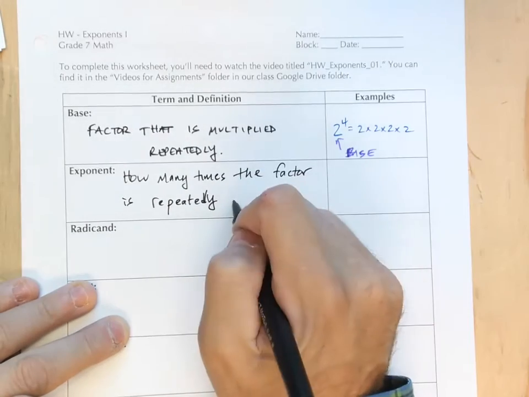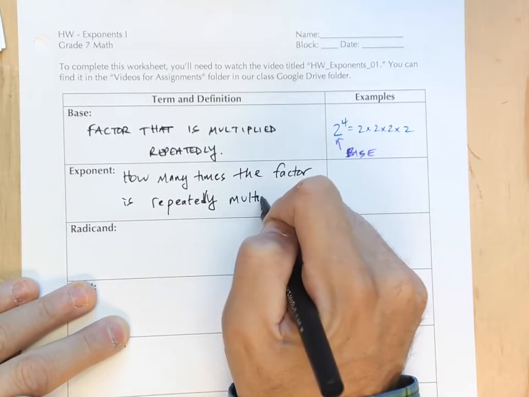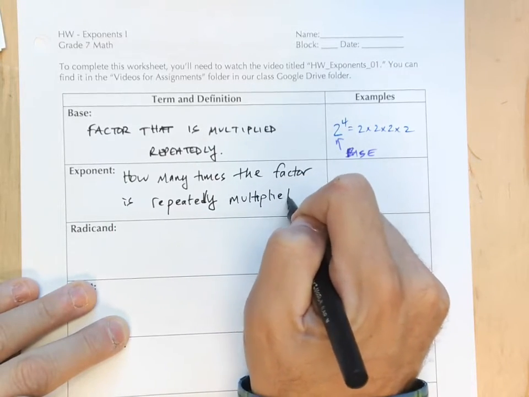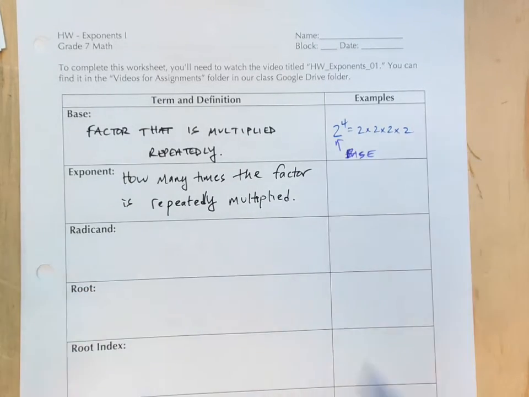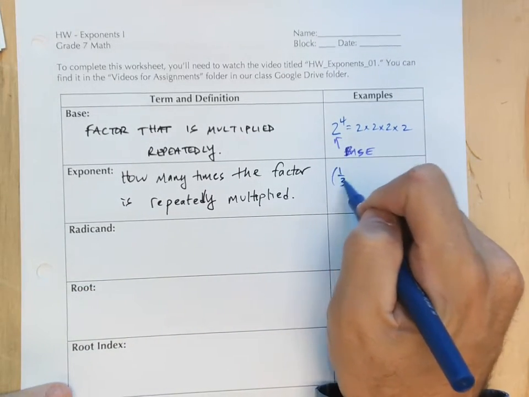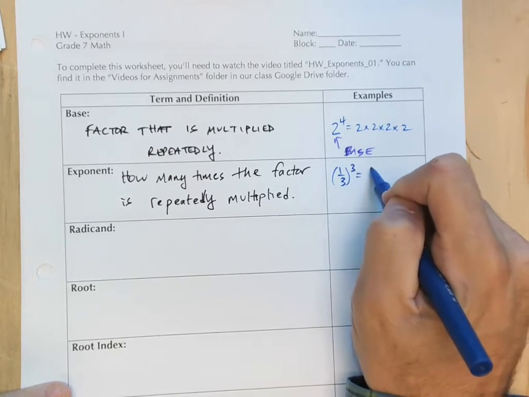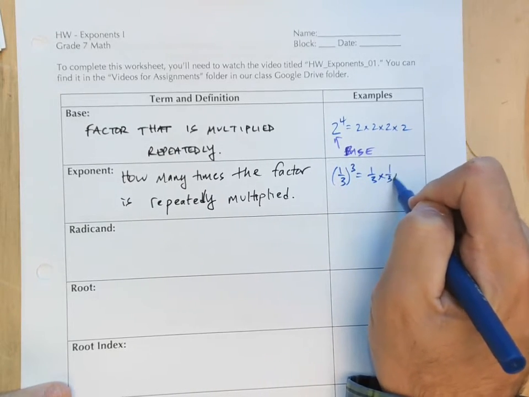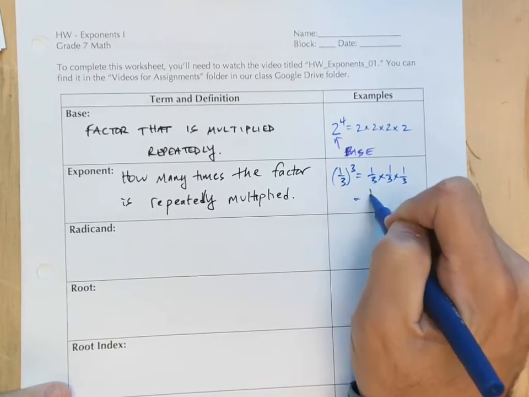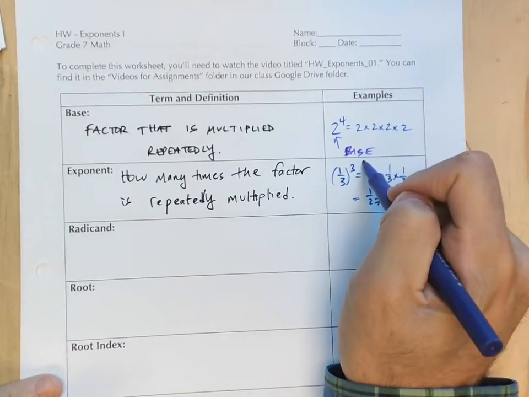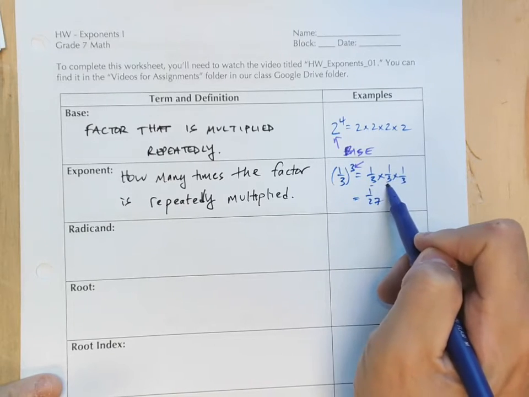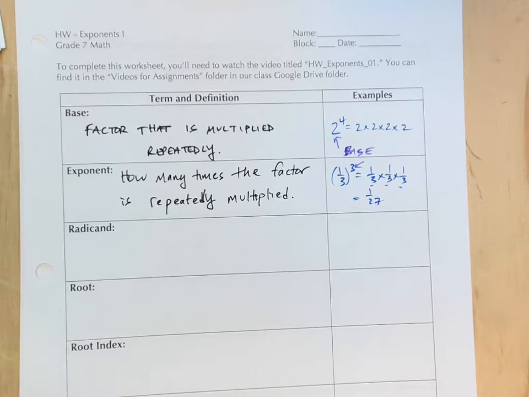So if we had the question 1/3 to the third, we know that means 1/3 times 1/3 times 1/3, which is 1/27th, and we know that this 3 here is the exponent. It tells us to write out 1/3 3 times.